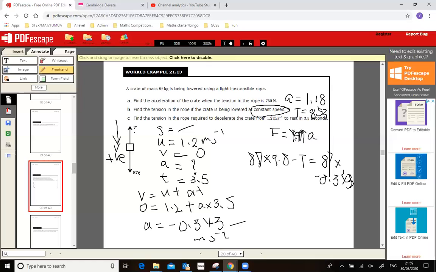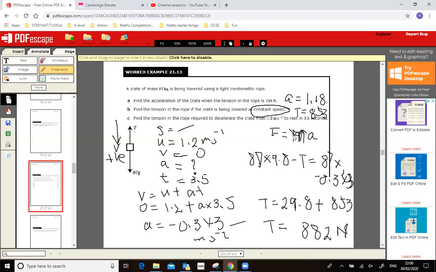Then you can put it into your calculator and work out that the tension equals 29.8 plus 853. And the final answer is 882 Newton.